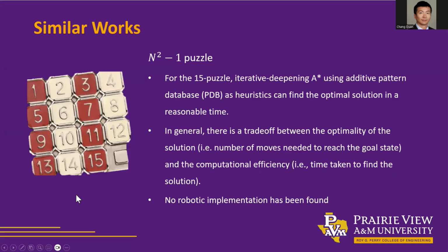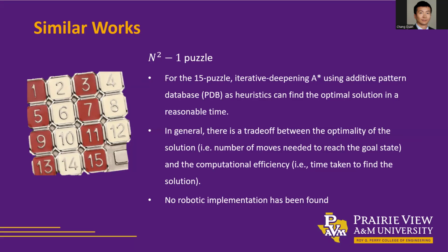Another group of similar works are the research on solving the n squared minus 1 puzzle. One example of such a puzzle is the 15 puzzle, which is pretty popular in the United States, invented in the late 19th century.